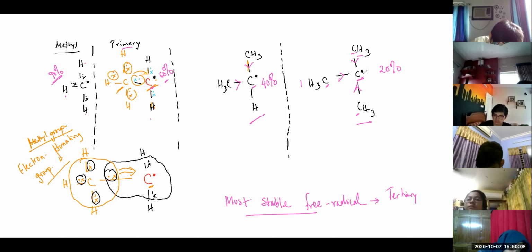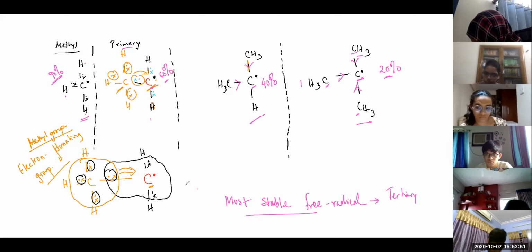So he's more stable. So the methyl group is an electron donating group, and since it's an electron donating group, it will decrease the reactivity of the free radical.